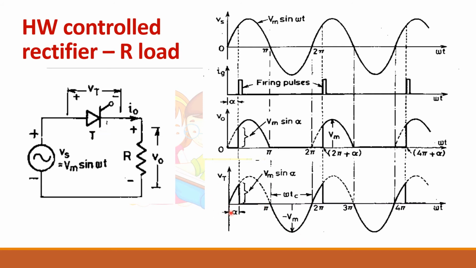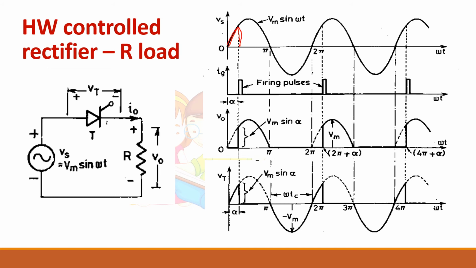When the device is not conducting, it will be equal to the supply voltage. So here from 0 to alpha, the thyristor is not conducting, so it is equal to the supply voltage waveform. So this portion of the waveform will come.